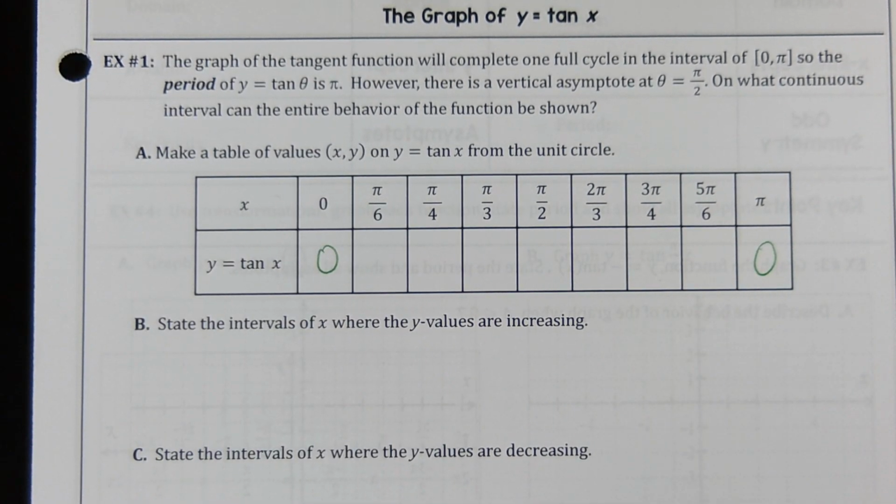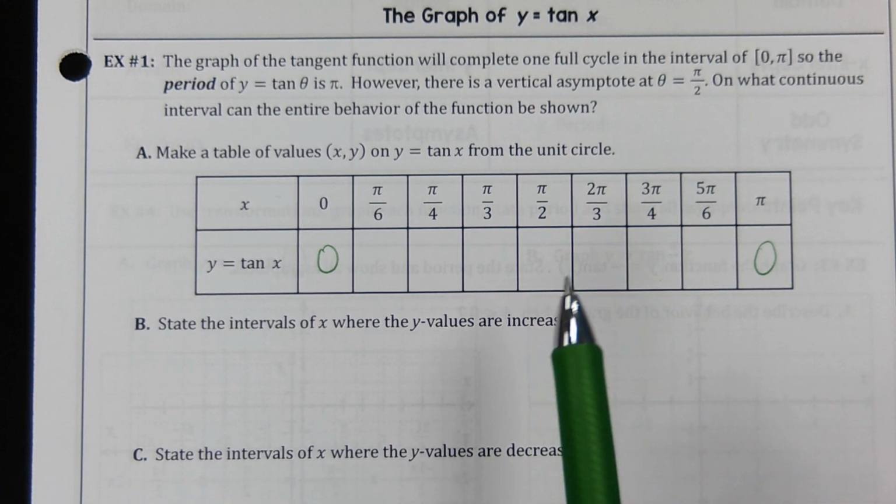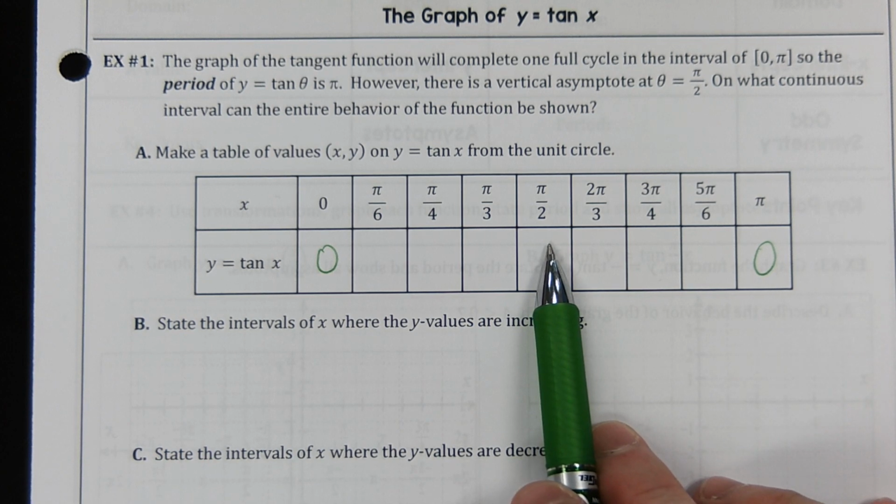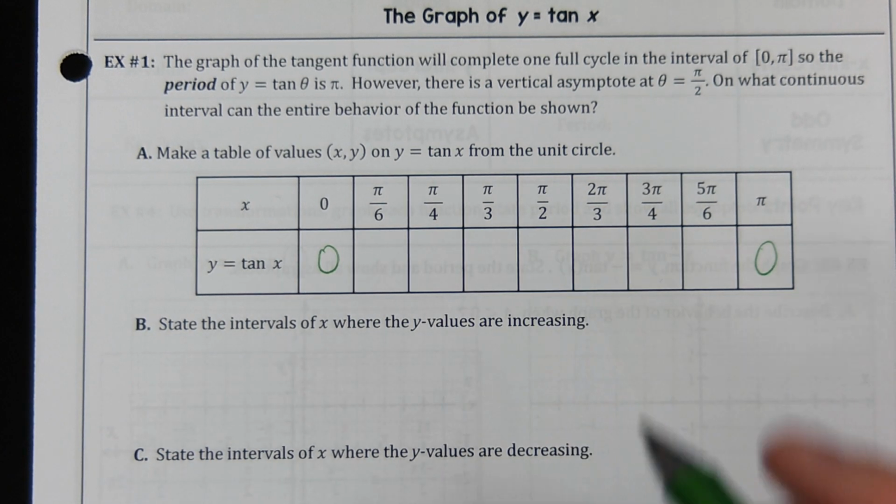Since we're talking about things that could equal 0, what about on the y-axis in the unit circle? Here at pi over 2. If you're on the y-axis, what does x equal? 0. And since tangent is side length y over side length x, that's side length y over 0, which means this is undefined.